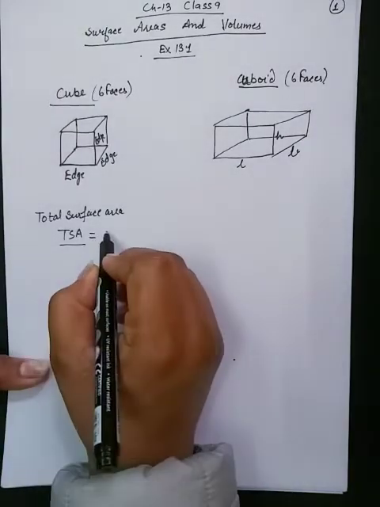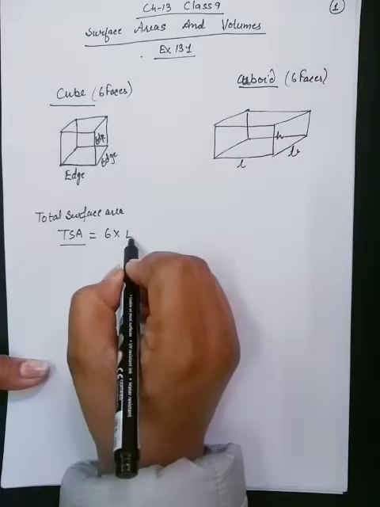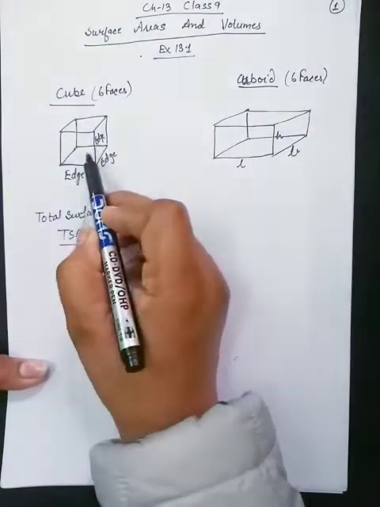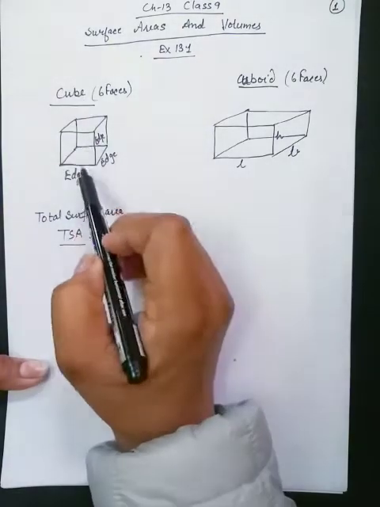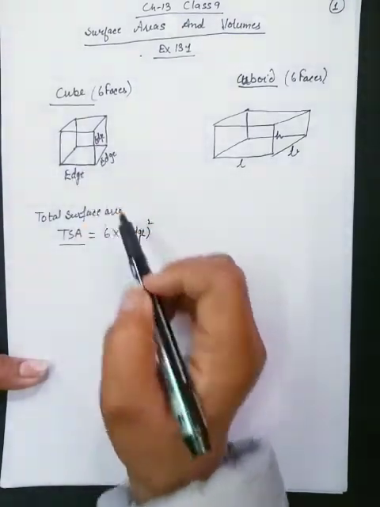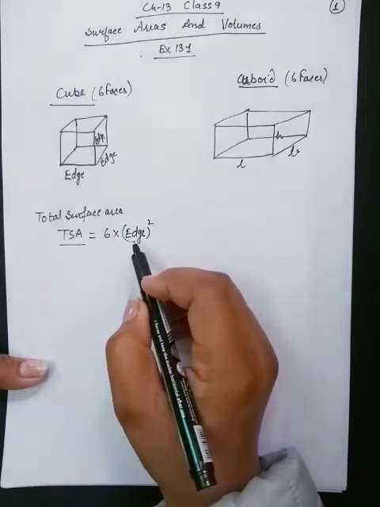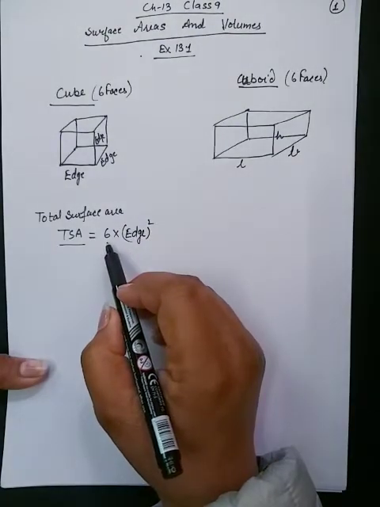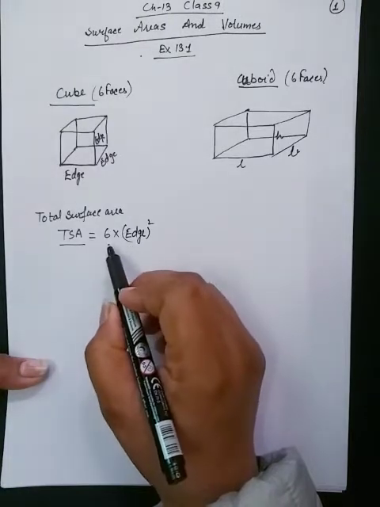So its TSA will be 6 into edge square, because the area of one face is edge into edge. All the faces are square in shape and the area of a square is side into side, or you can say edge into edge, and there are 6 faces, so we multiplied edge square by 6.